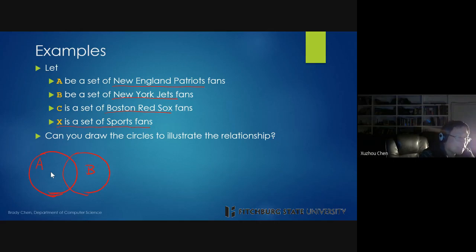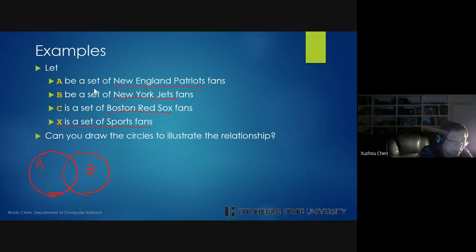Mathematically, if A is a set of New England Patriots fans and B is a set of fans that are not New England Patriots fans, then you can say they're disjoint, right? But here, technically, I don't know. You might be able to find a person who is a fan of both, but as Chuck said, it's unlikely.